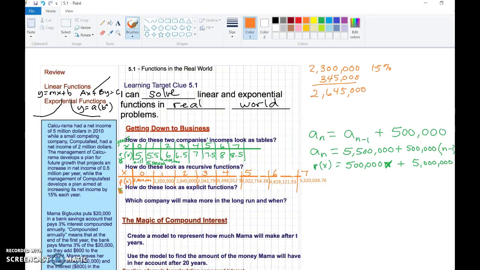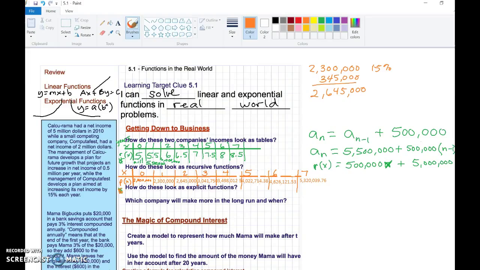But the question is, what are we multiplying by? Your first reaction might be, well, we're multiplying by 15%, 0.15, but we actually are multiplying by something else.